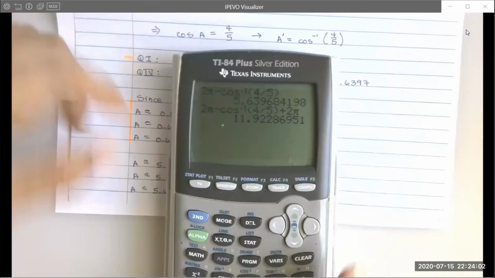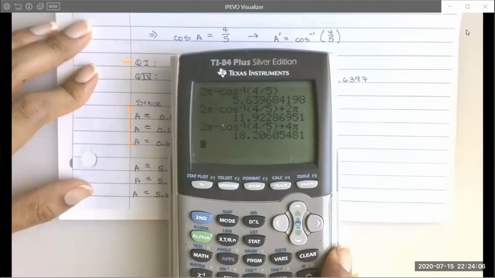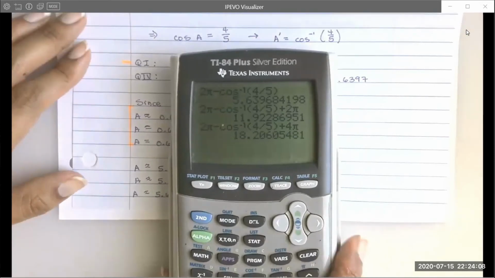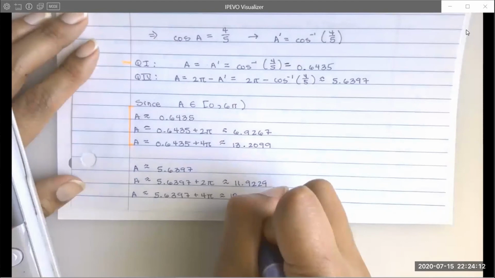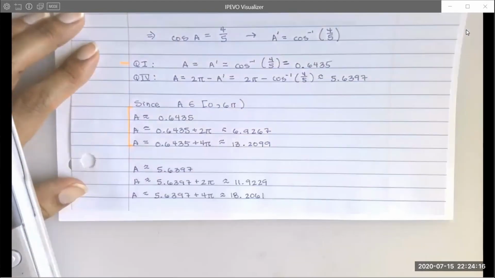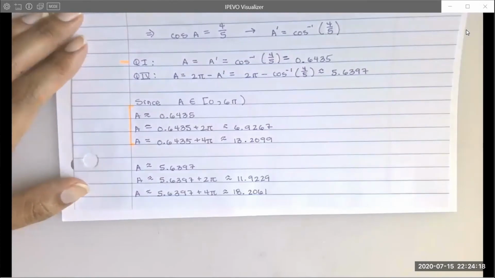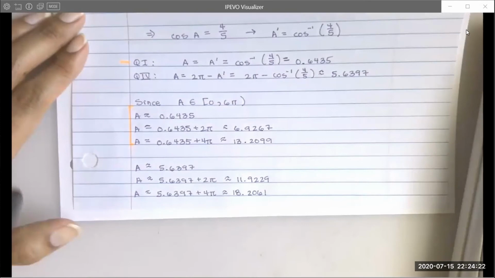Next one, 18.2061. Okay. Those are all the ones that we get from the ones in quadrant 4.